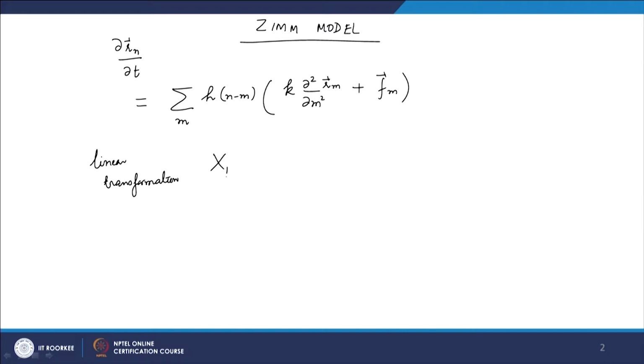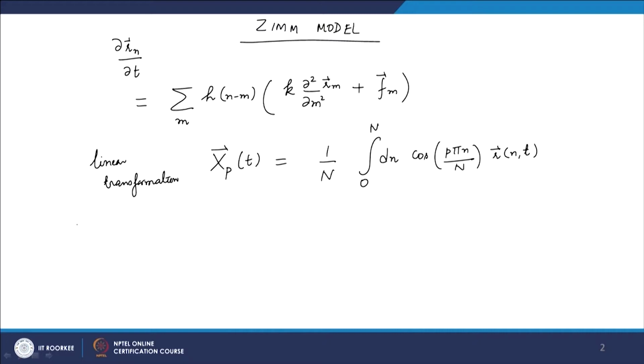That is, we defined the variable X_p(t) as 1/N integral over dn cos(p pi n/N) R(n,t). In fact, we can also do the inverse transformation from X_p to R once we get the answer in terms of X_p.